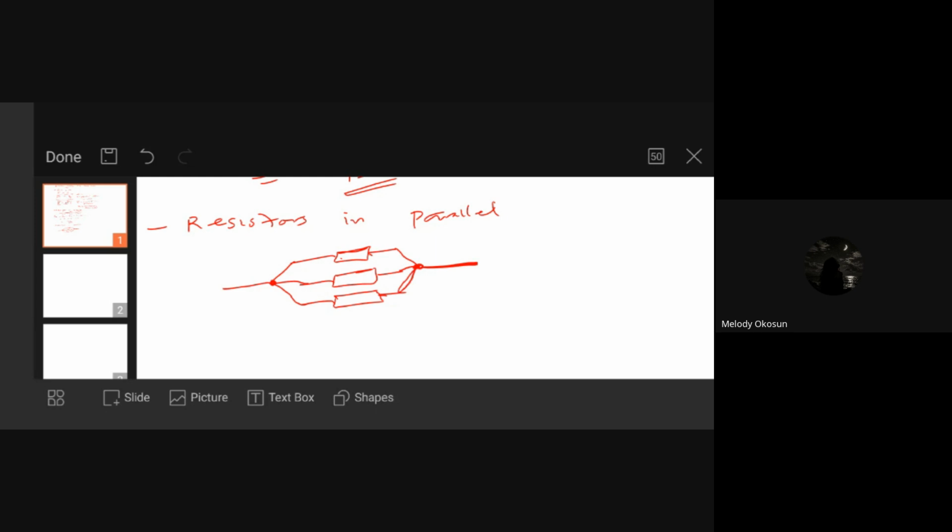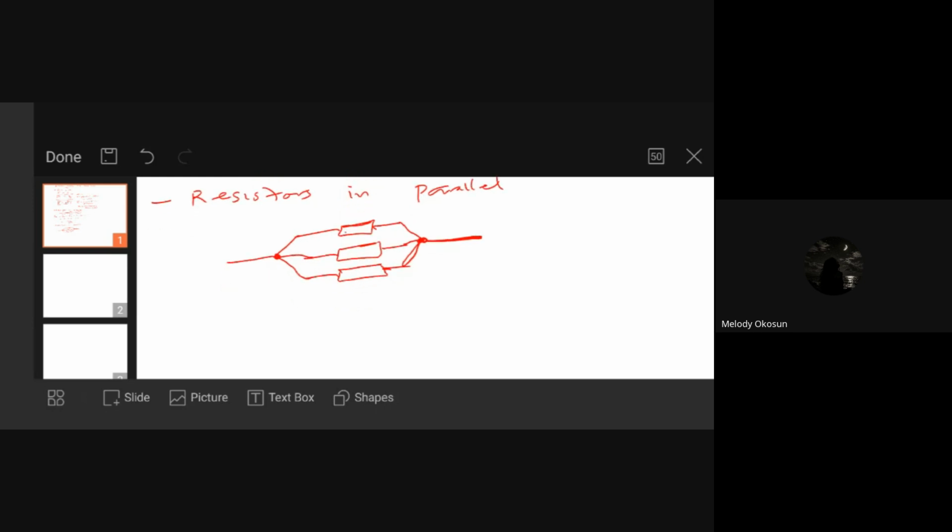So anytime we have resistors connected side by side, in which on each side all the legs are joined to a certain point, where we can pick them down to the circuit, we say these resistors are connected in parallel.